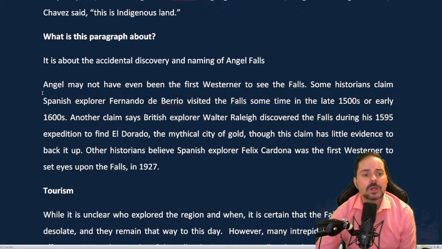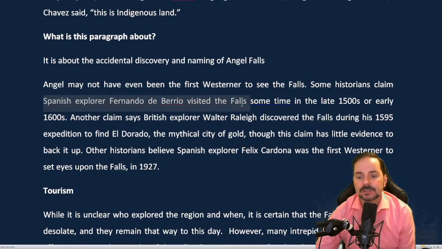Here we go. So Angel may not have even been the first Westerner to see the falls. Some historians claim Spanish explorer Fernando de Berrio visited the falls sometime in the late 1500s or early 1600s.